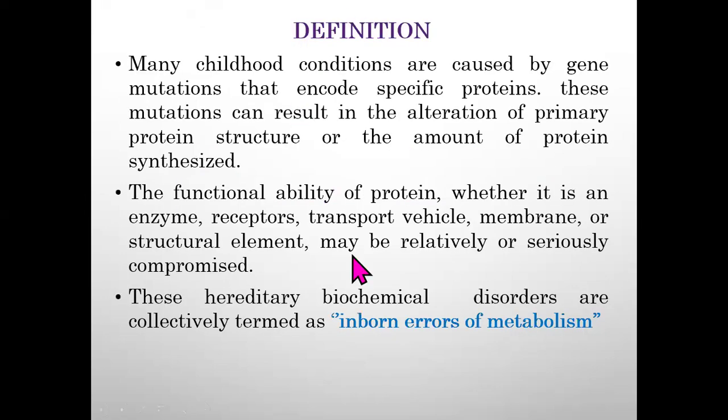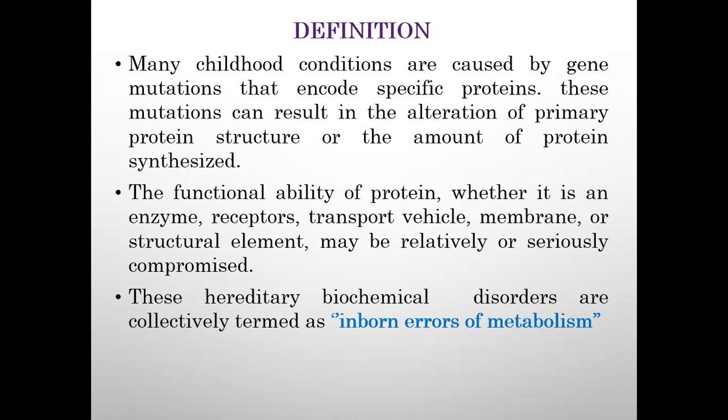Before we proceed with the lectures, we need to understand the meaning of inborn errors of metabolism. Many childhood conditions are caused by gene mutations that encode specific proteins, and these mutations can result in the alteration of primary protein structure or the amount of protein synthesized.